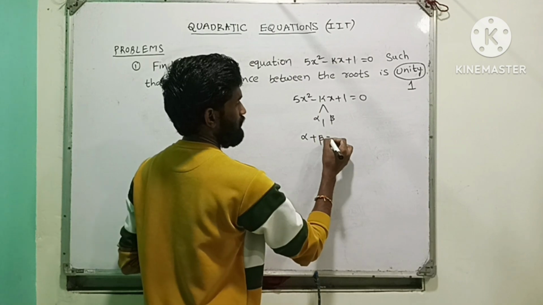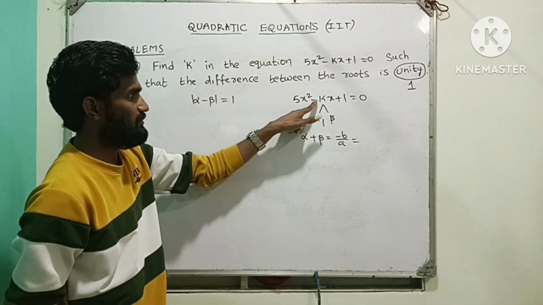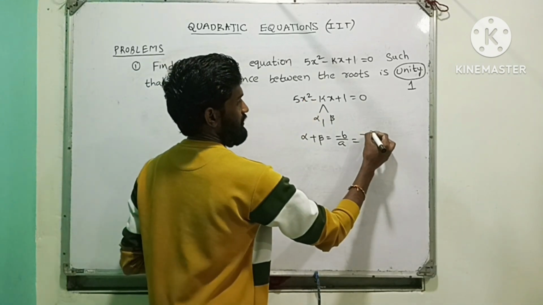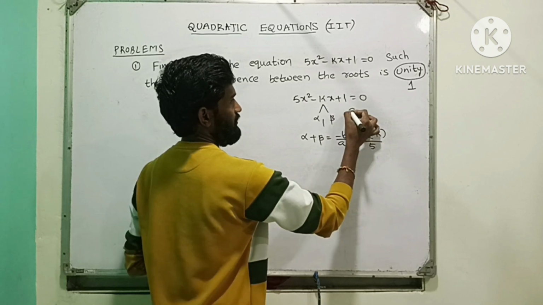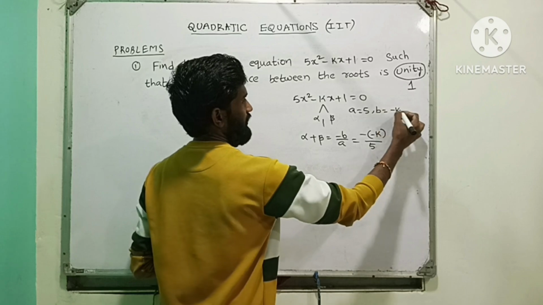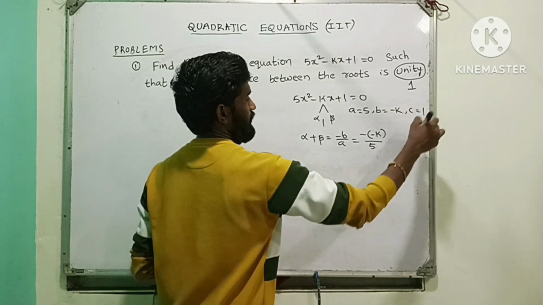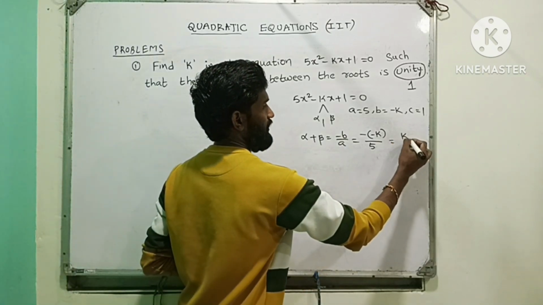Alpha plus beta is equal to minus b by a. Here b is minus k, so minus of minus k by a, where a is 5. A is 5, b is minus k, and c is equal to 1. Minus b by a simply is k by 5.